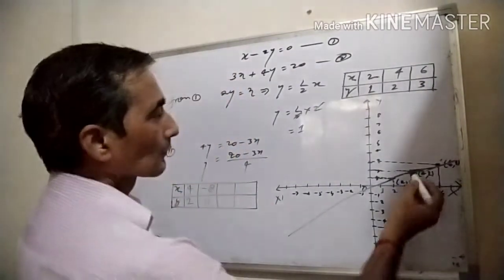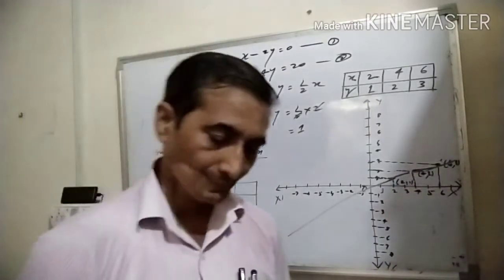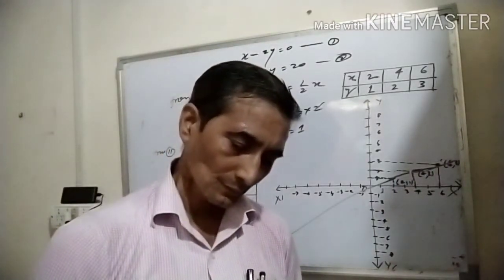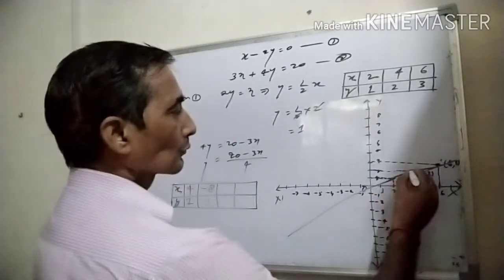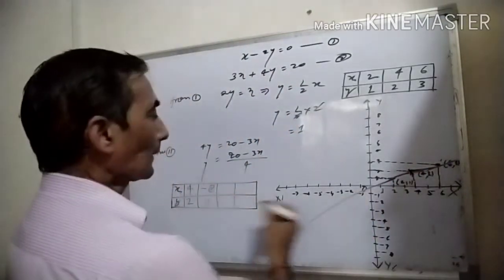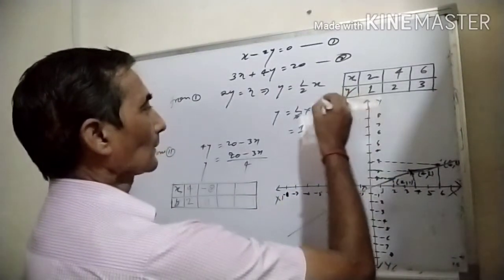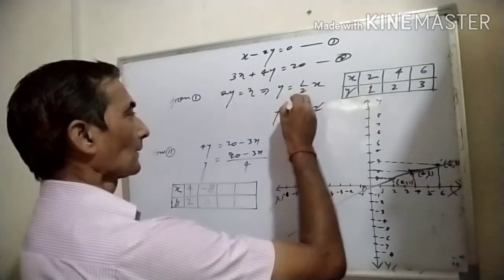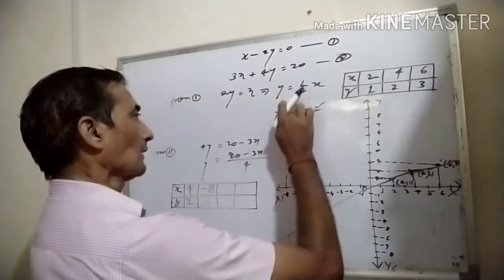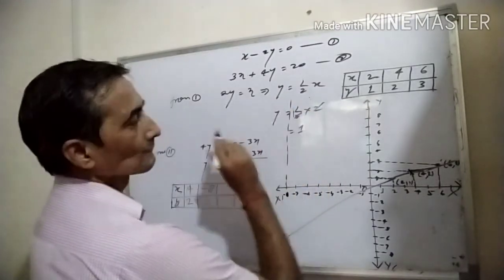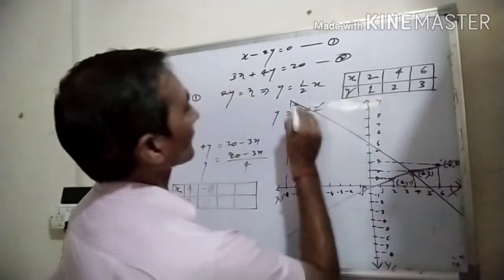Sufficient. Students, see here, 4, 2 is here, and minus 8, 11 is here. Suppose that here is 11. And join these points just like this.